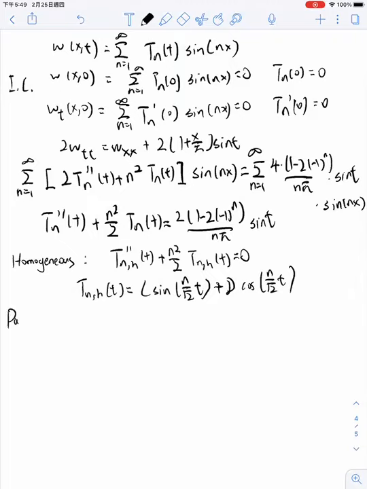And for the particular solution, because after the combination of the t function itself and its derivative, the net result has a sine t here, so we guess the particular solution also contains the sine t here.